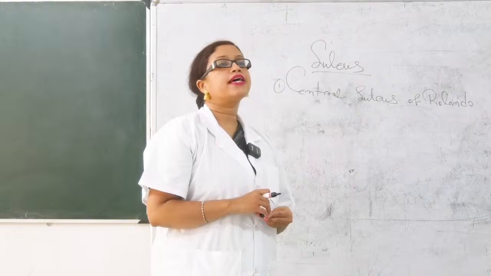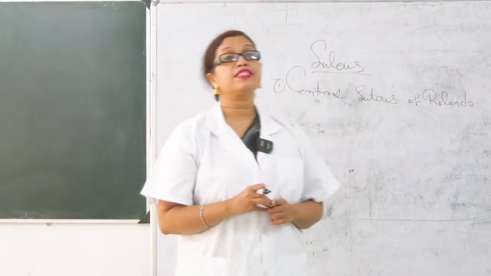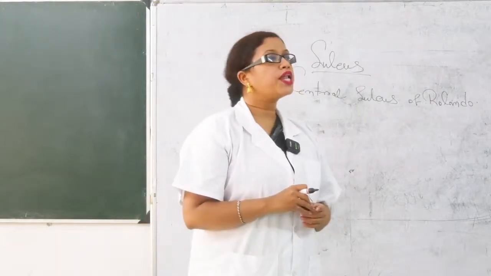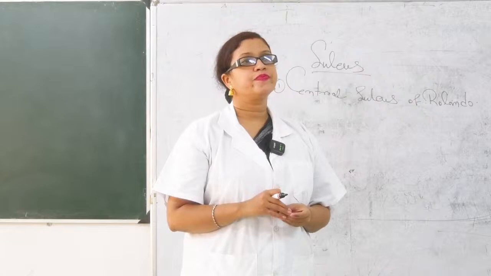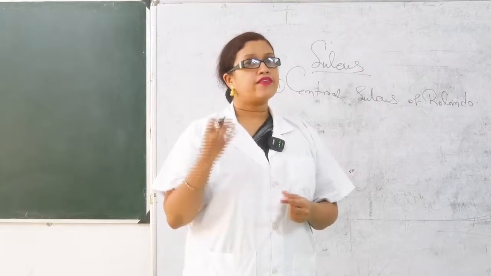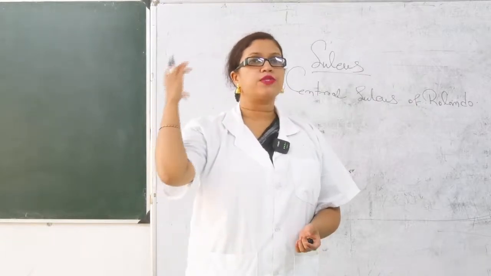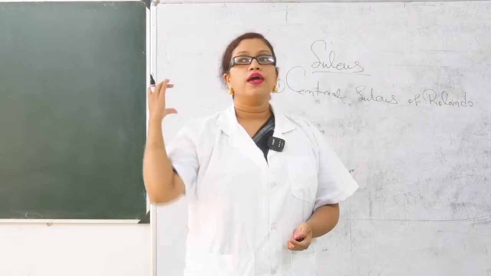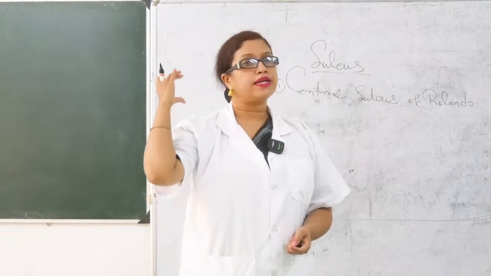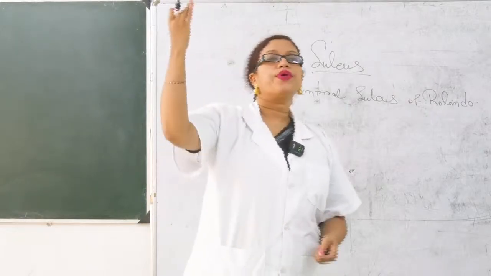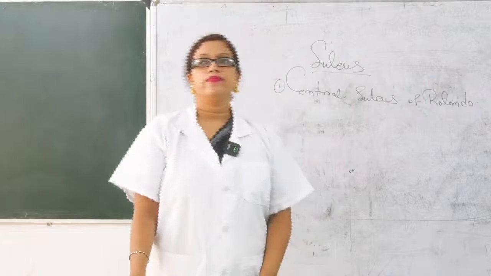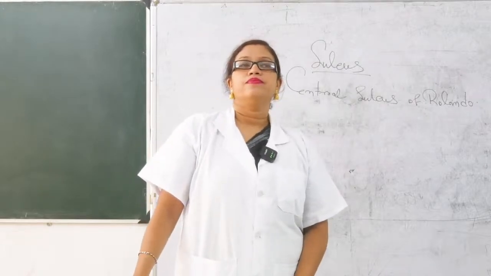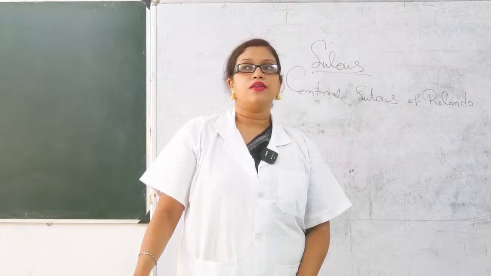Second sulcus you have to remember is the lateral sulcus. The name signifies it is present on the lateral side. Here we have the temporal lobe below, and superiorly we have the frontal lobe.